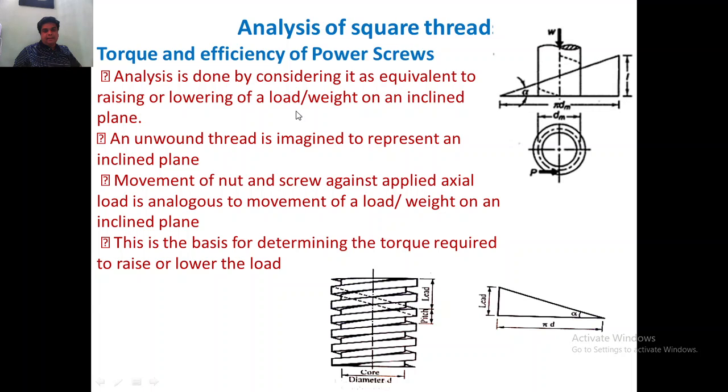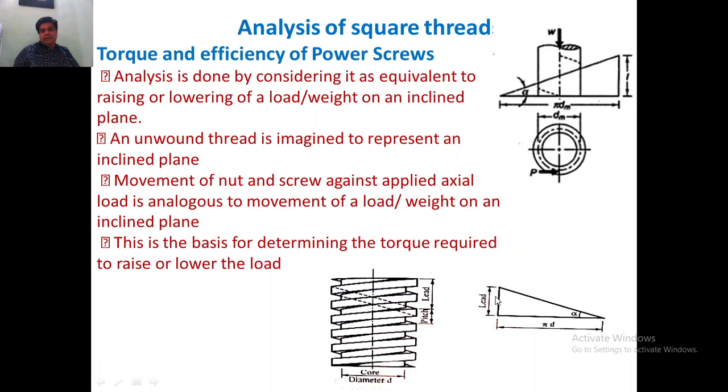To analyze, what we are doing is we will develop the cylindrical part of this thread. When you develop that, it will become a triangle like this. So this is the pitch and this is the lead, depending on the number of starts that is there.